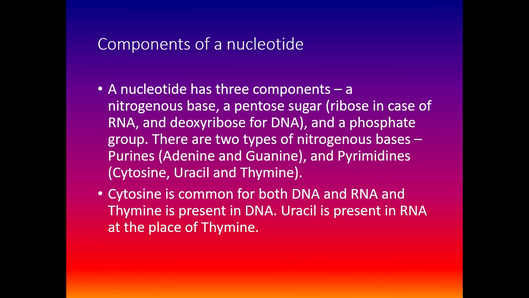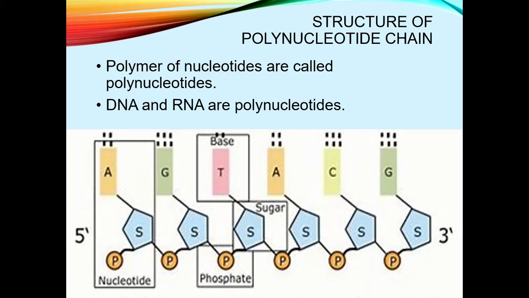First is purines, which have adenine and guanine, and pyrimidines, in which we have cytosine, uracil and thymine. So cytosine is common for both DNA and RNA, and thymine is present in DNA. Uracil is present in RNA in place of thymine.